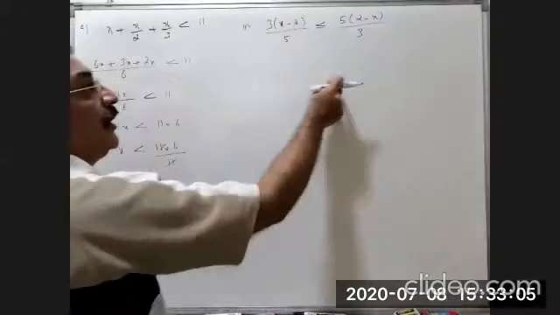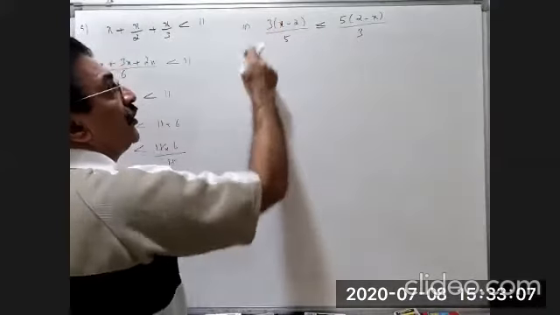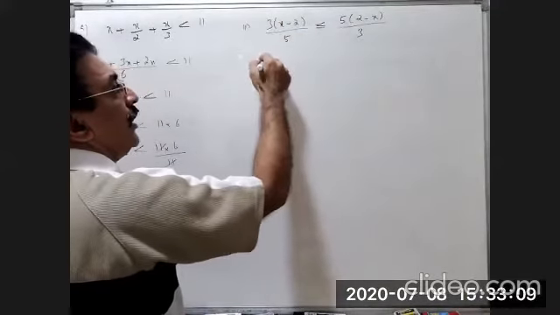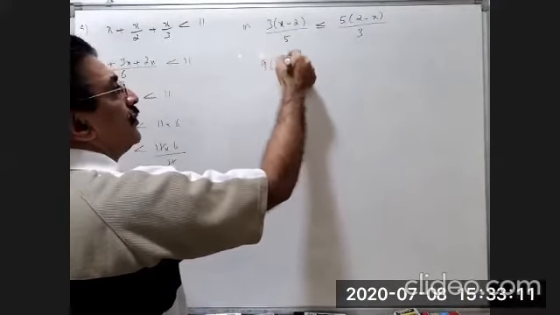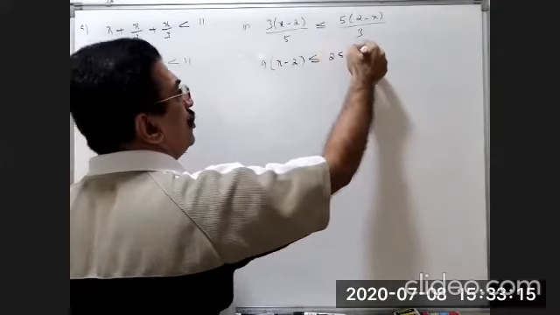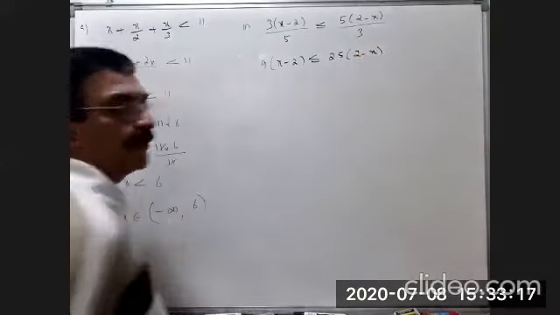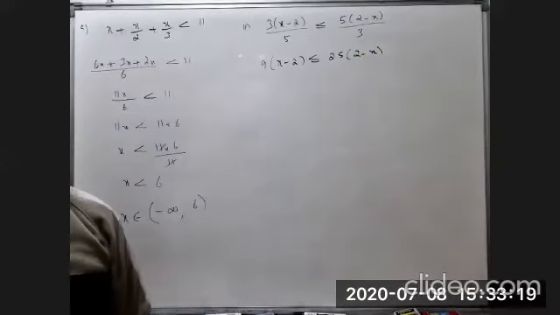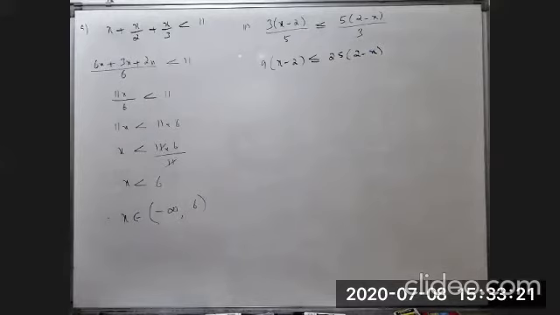So cross multiplication, we will start from this one. So 9 into x minus 2 less than or equal to 25 into 2 minus x. Opening.